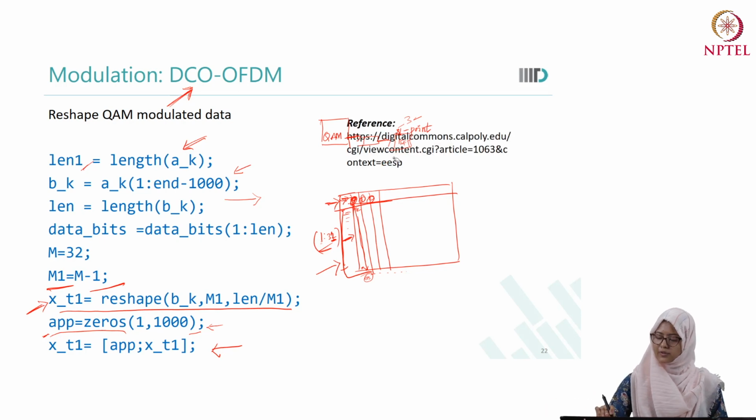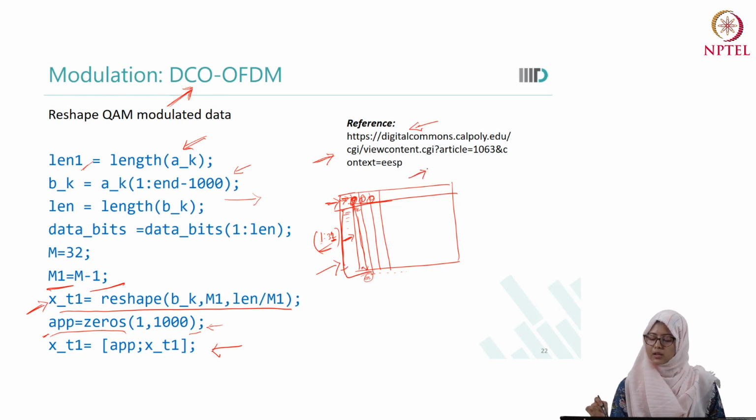For reference, you can refer to this also, but that is if you want to have guard bands, or if you want to have a cyclic prefix in your code.